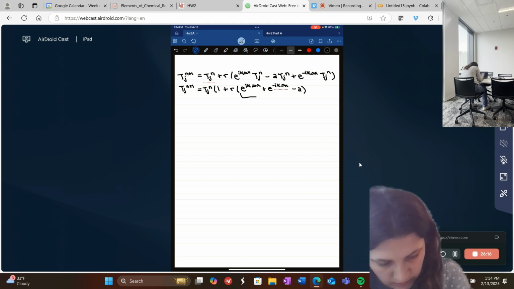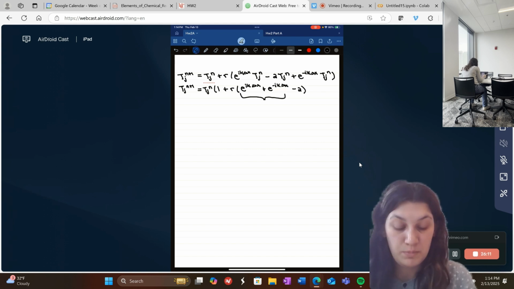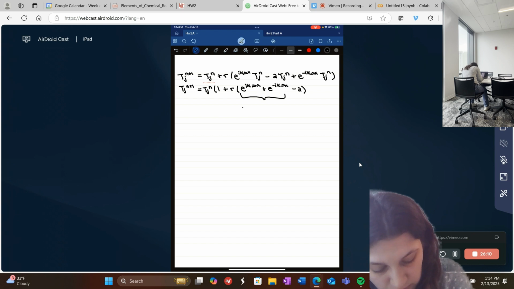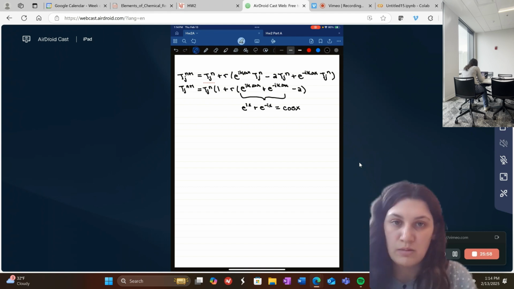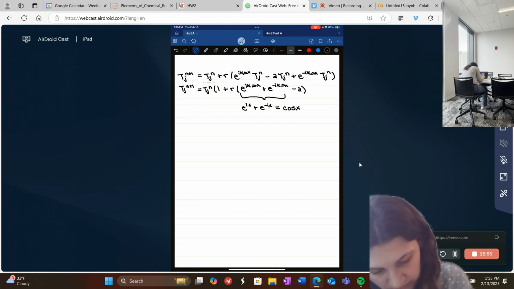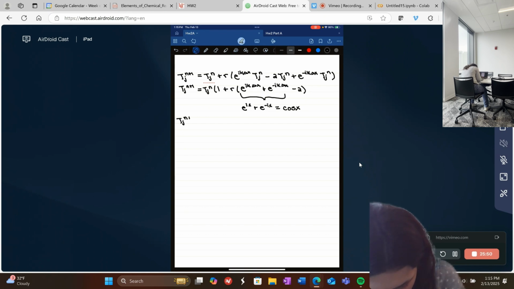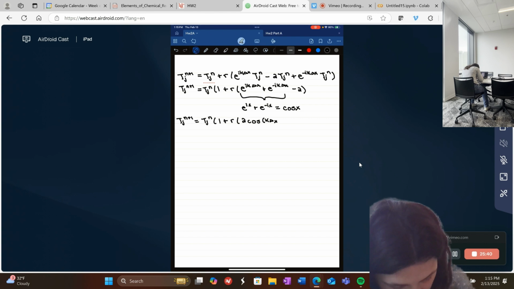Now this here are two very important terms because we know that e^{ix} plus e^{-ix} is equal to 2 cosine of x. So we can apply that here to these terms, which will get us T_j^{n+1} is equal to T_j^n times 1 plus r times 2 cosine k delta x minus 2.